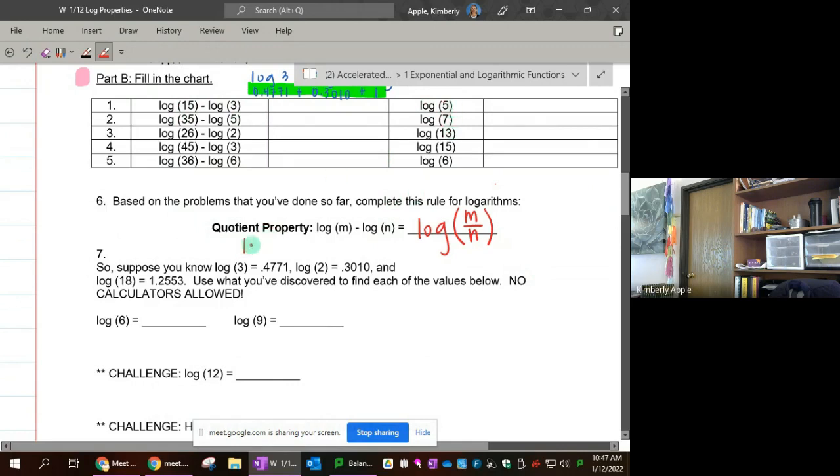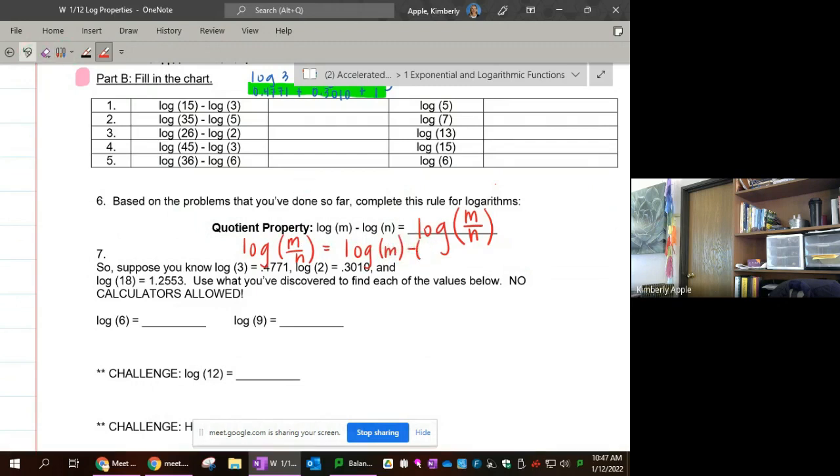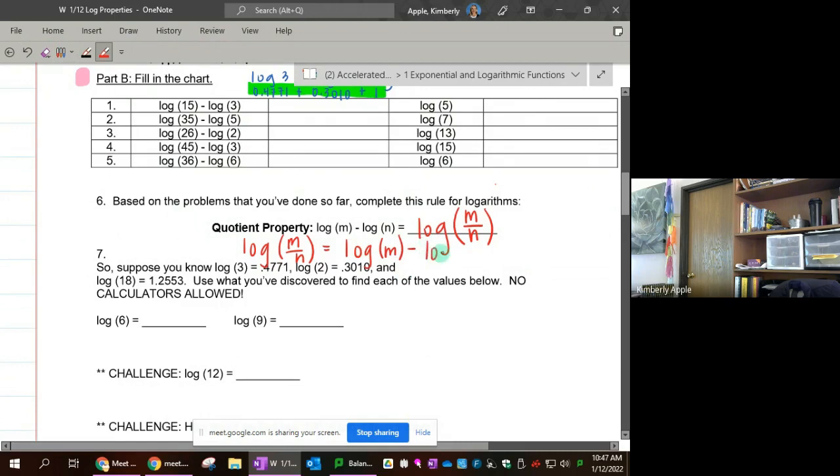And conversely, we can go in the other direction. If I'm given a quotient, I can write it as two separate logs, one subtracted from the other. So that is the quotient property. This is another one you need to be able to apply from memory.